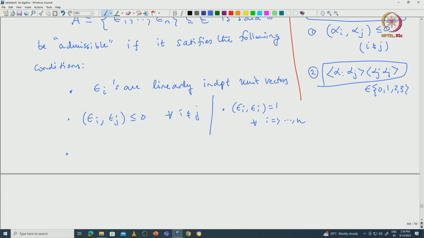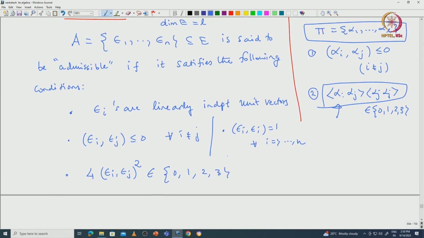The third condition: if we take the product of these Cartan numbers, in this case it will be just 4 times the inner product of epsilon i with epsilon j, squared. This must be an integer, and it can take values 0, 1, 2, 3. If your epsilon i's coming from capital E satisfy these three properties, then you call them admissible elements.